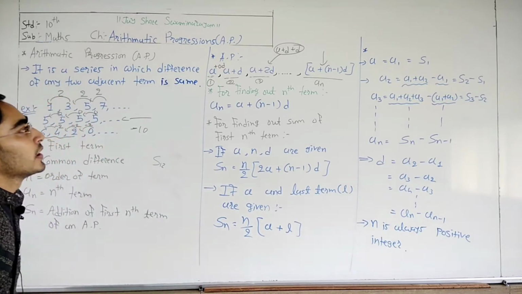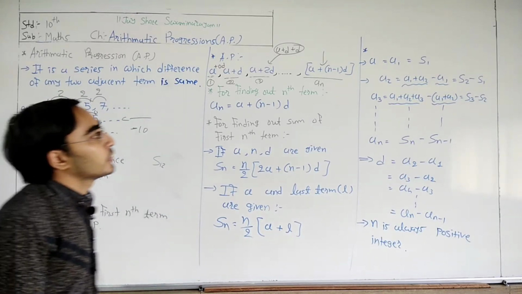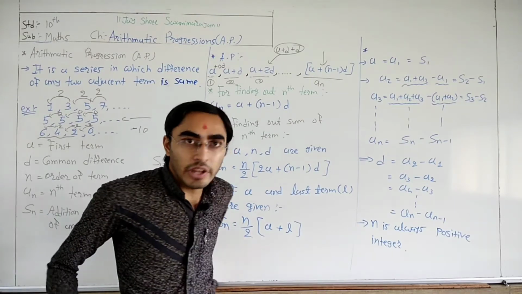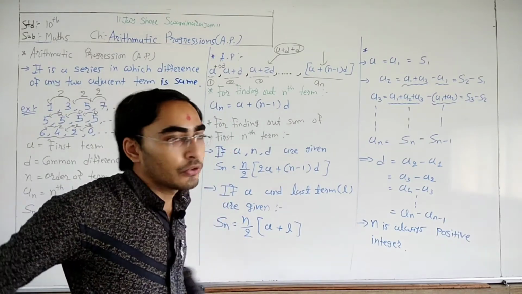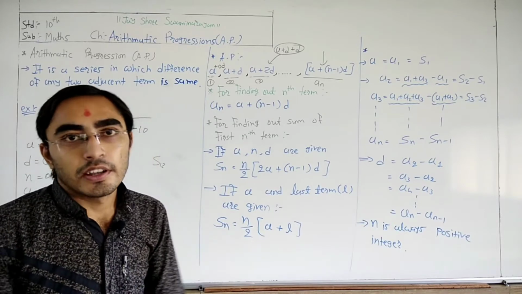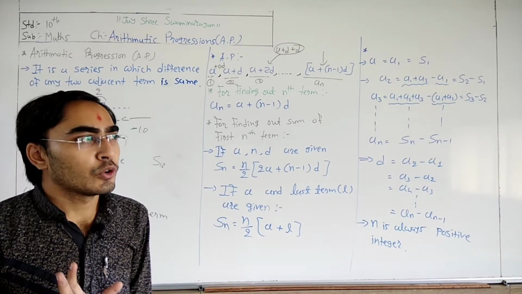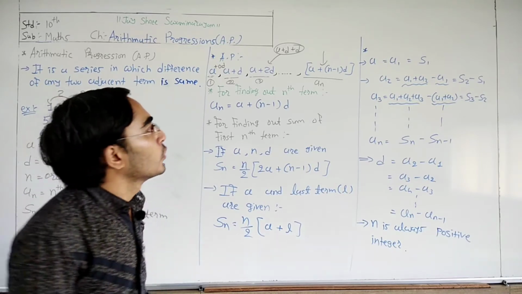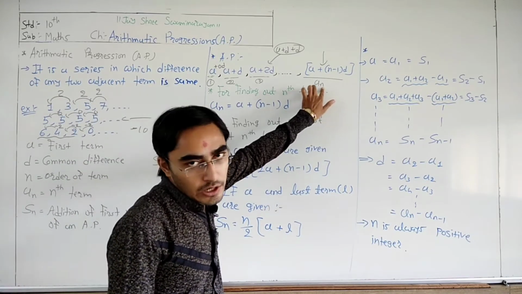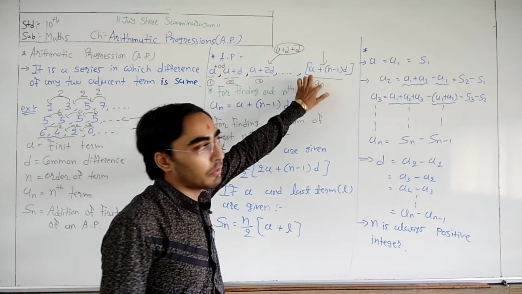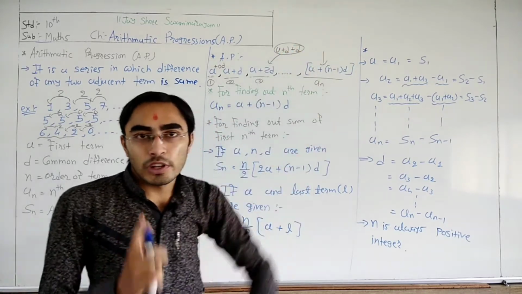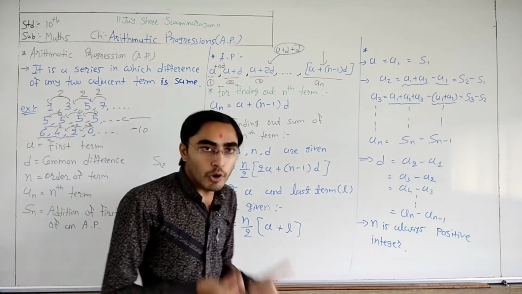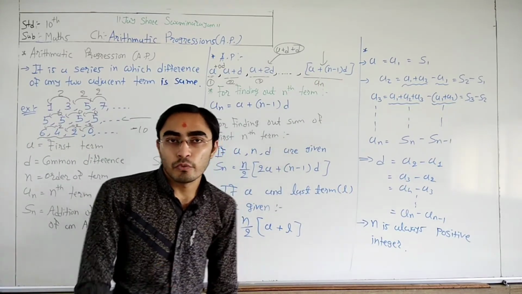So we can find the 100th term, or any term of a series, by using the formula of An. If you want to find the 78th term, A78, put n equal to 78, use this formula, and you will get the value of your 78th term. Whatever term you want, you can find by using this formula.